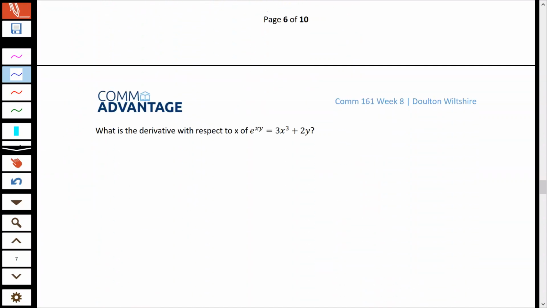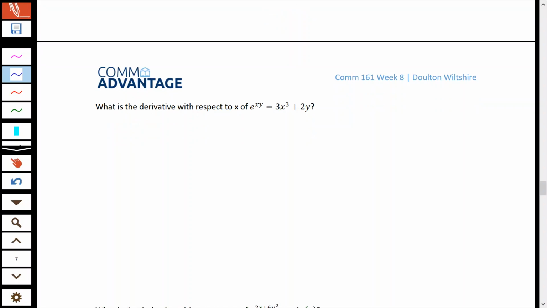Okay, so now again it asks what's the derivative with respect to x of e to the x y plus 3x cubed plus 2y. So we're getting a little bit trickier here. And so we have again e to the x y is equal to 3x cubed plus 2y.